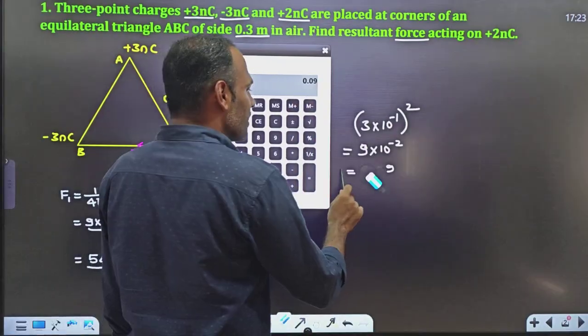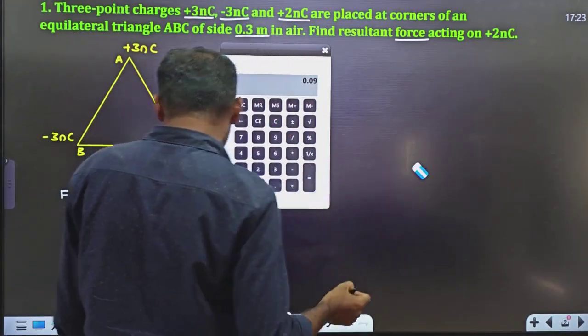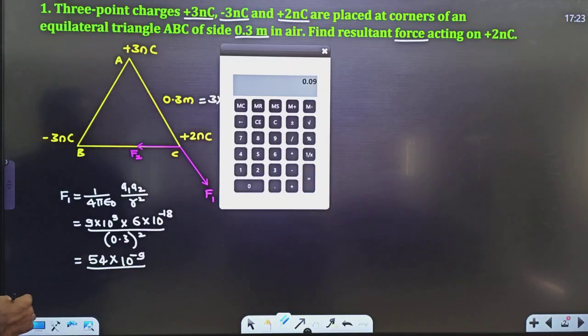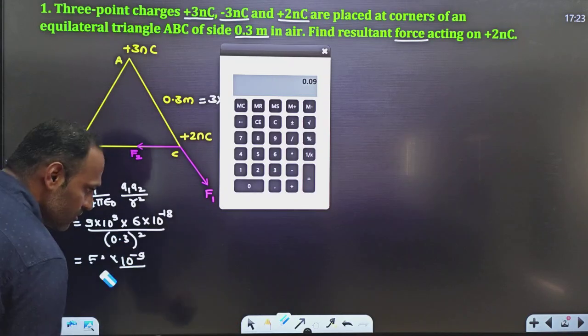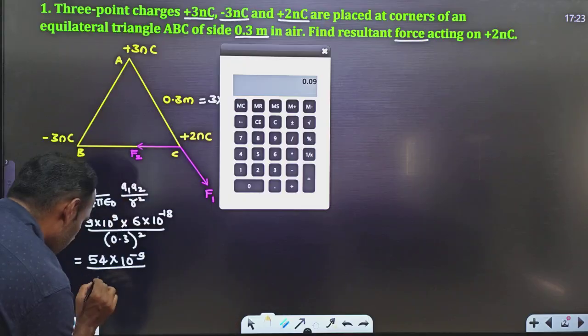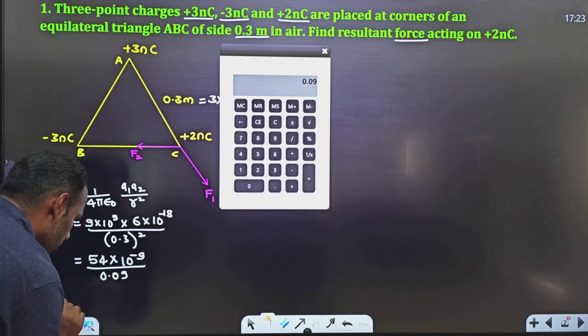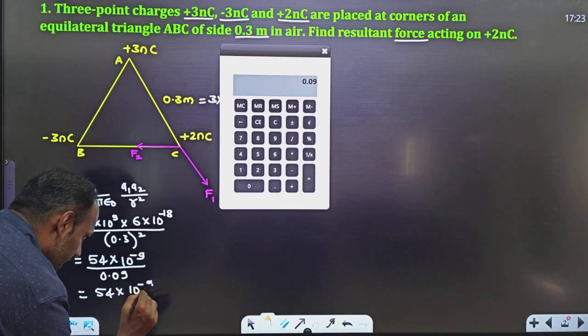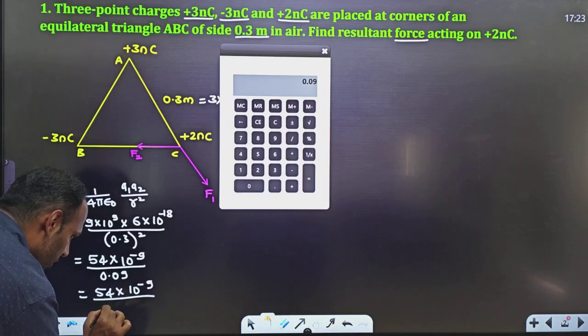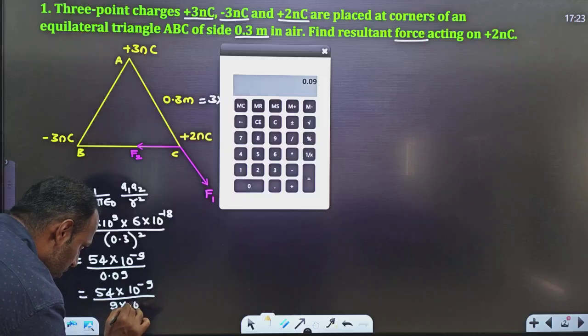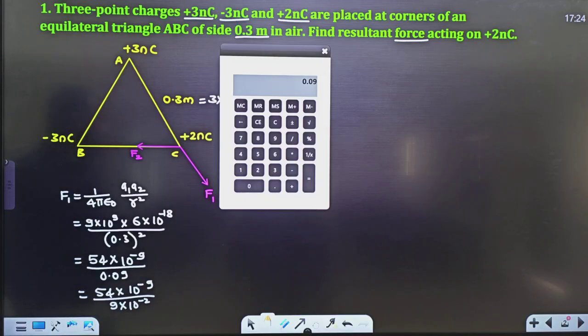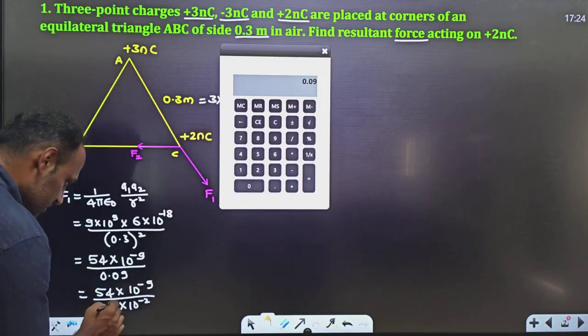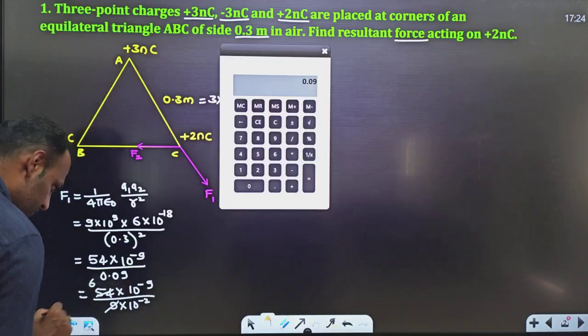We just write it whichever way is easy for us; it is left to you. So this is 0.09. I will write 54 into 10 to the power minus 9 divided by 0.09 as 9 into 10 to the power minus 2. 9 sixes are 54.